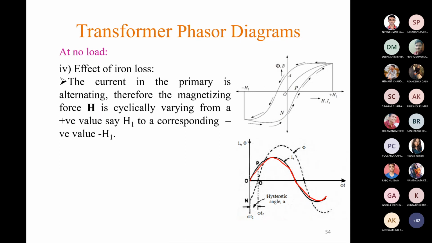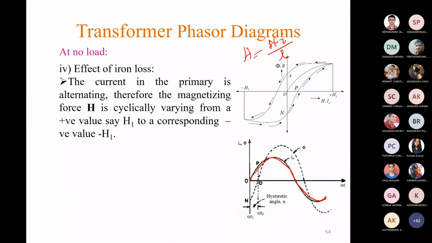So when this current flows through the primary winding, it will magnetize the core over which this primary winding is wound. Okay, so now we know the equation H equals N I by L. N is the number of turns, L is the length of the main part of the flux path, and I is the current.